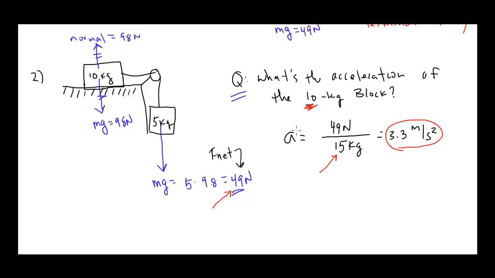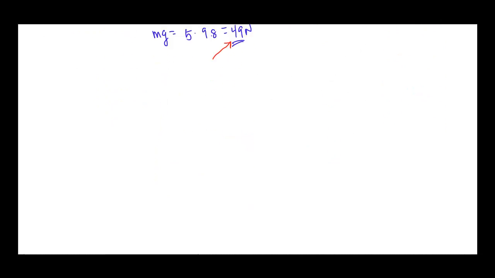Alright, third practice problem that I want to do is a little bit new. We haven't done this, but I want to do it now, which is what if I had those same blocks, the 10 and the 5, but now what I want to imagine is that they're hanging from a pulley. Both of them are connected to a pulley.